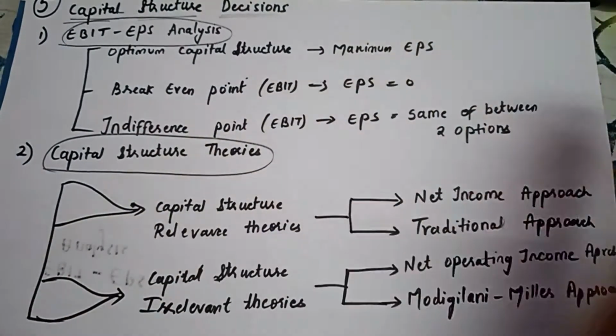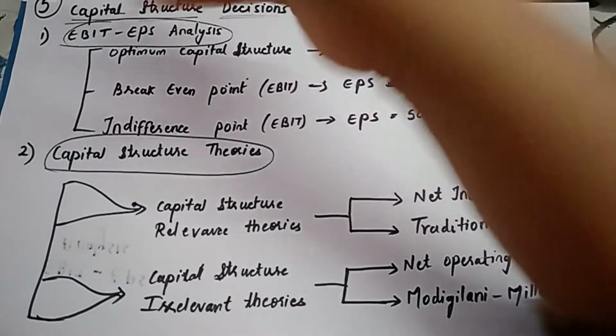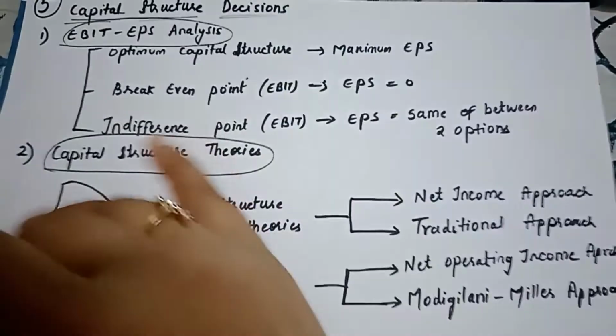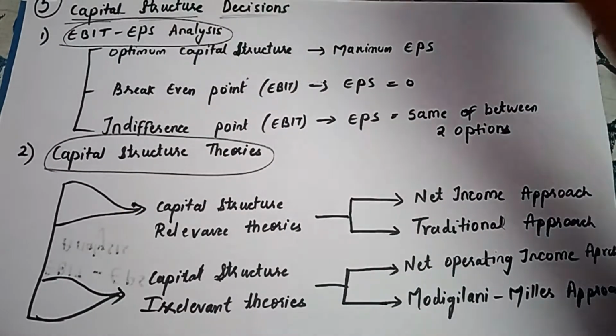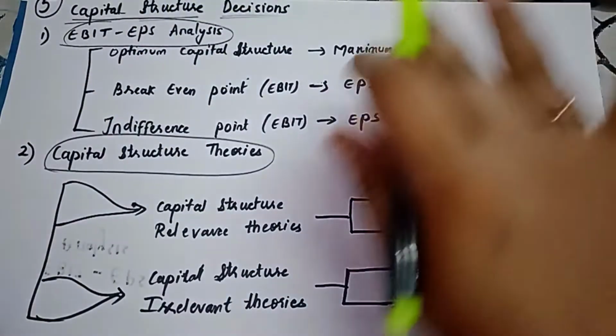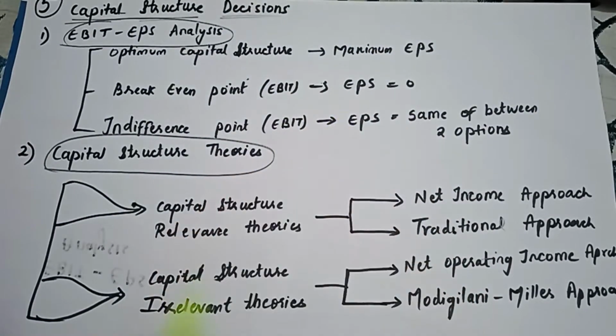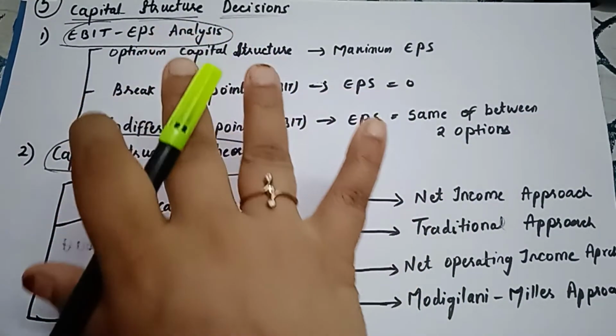You can just take the money without any thinking, like I'll take so much from loans, I'll take so much from equity, I'll completely take equity, I'll completely take preference. It is a lame thing to just take all the funds in equity or all from debt. That's not the way you have to decide. You have to decide that proportion based on the EBIT-EPS analysis.